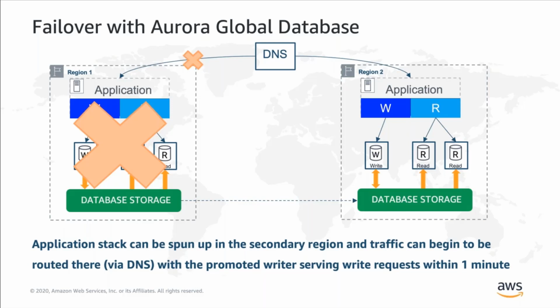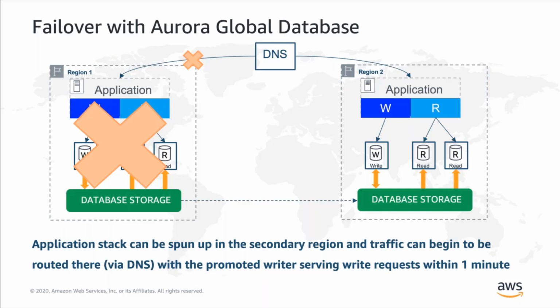Once one of the readers in the secondary region has been promoted to be the writer, then at the application level, something must be done to promote the application components to start taking writes and to start sending transactional writes to the newly promoted writer. Once that's done, the clients that are connecting to the application through some type of DNS redirection can start pointing to the new stack that is running in the new region.